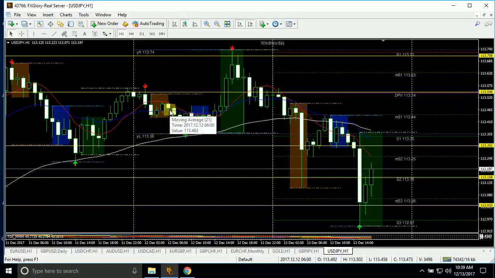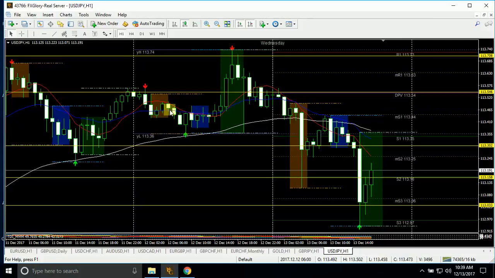Hour opens and hour candle closes. So focus on the opens and the closes of these hour candles specifically.